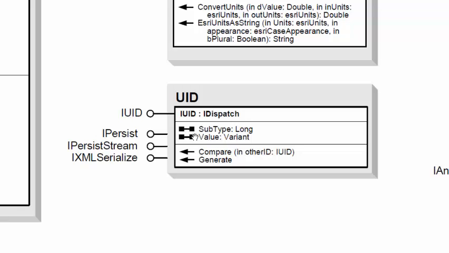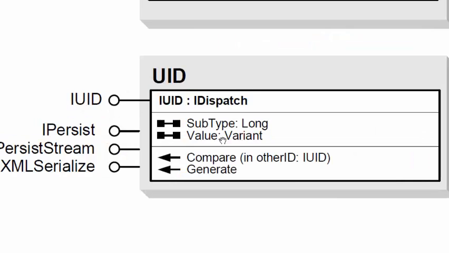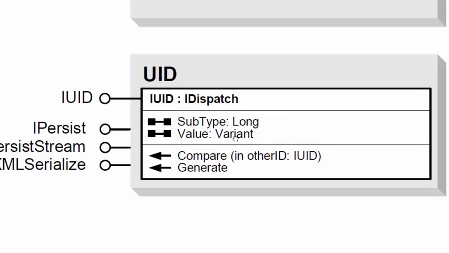The IUID interface has two properties, and the second is Value, which takes a variant. Variant means object in C#, meaning every type. We want to set a string that is the UID of vector layers, because we want to read all vector layers in the data frame.